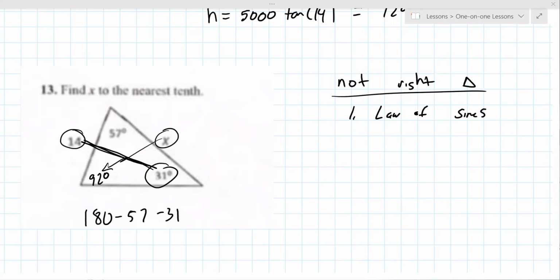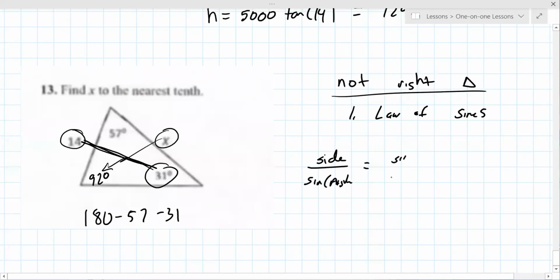All right, so now we can use the law of sines. The law of sines depends on what you're trying to find, but it usually goes like this: side over sine of an angle equals side over the sine of an angle. So notice you're trying to find x. x is the side over the angle across from it, which is 92.